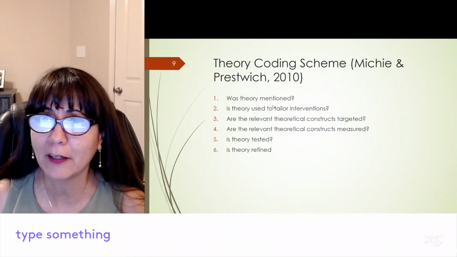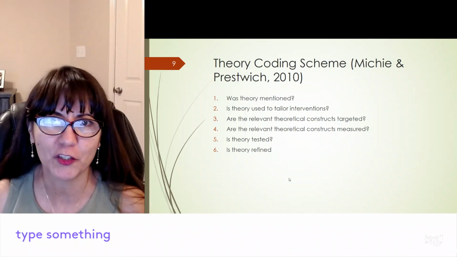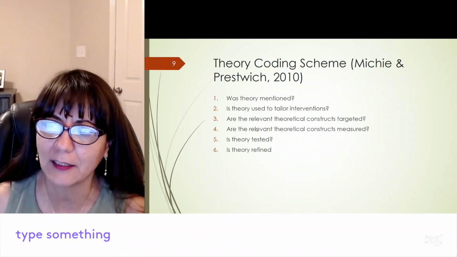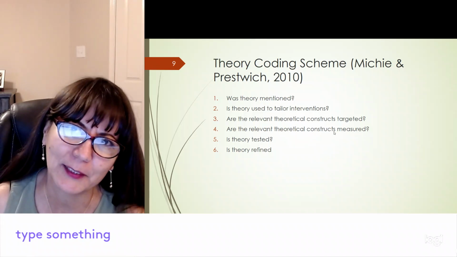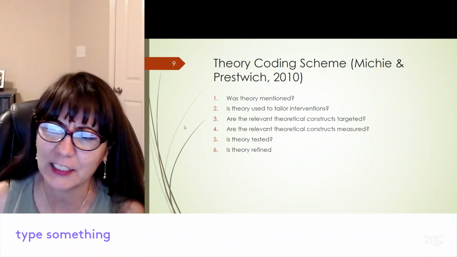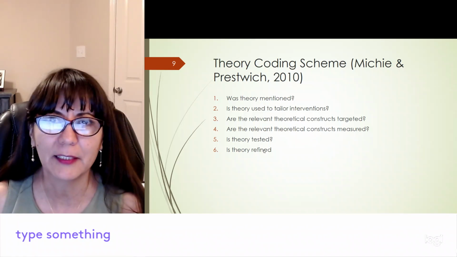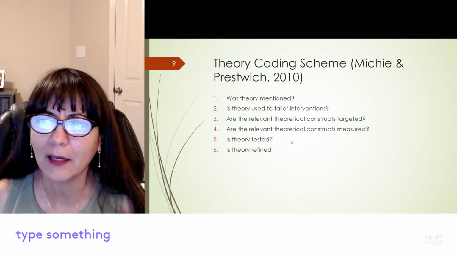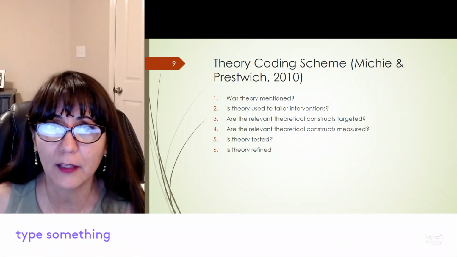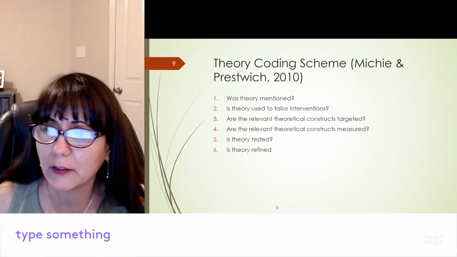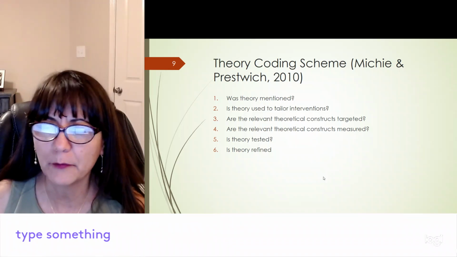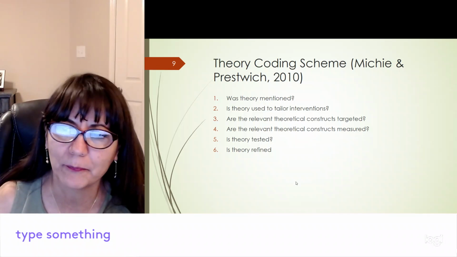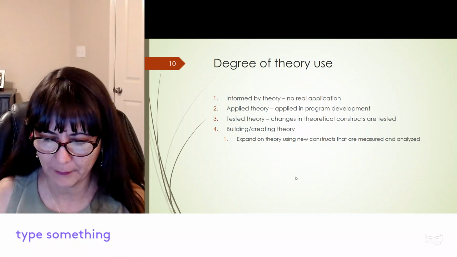So you might be targeting them, but you forget to measure them, and you only measure behavioral outcomes, but you didn't measure whether you influenced those constructs with your intervention. Was the theory tested? Did they examine mediation by the theoretical constructs of those behavioral outcomes? And did they refine the theory? Or did they go back and refine the intervention? Okay.